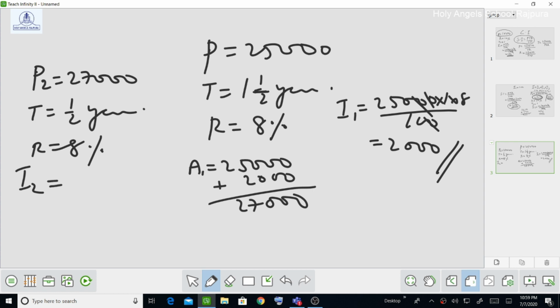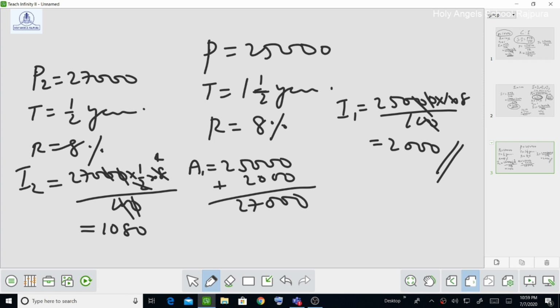Again apply the same formula: I2 is 27,000 into half into 8 upon 100. The 2 and 8 cancel to give 4, the zeros cancel, so 270 into 4, which is 1080.